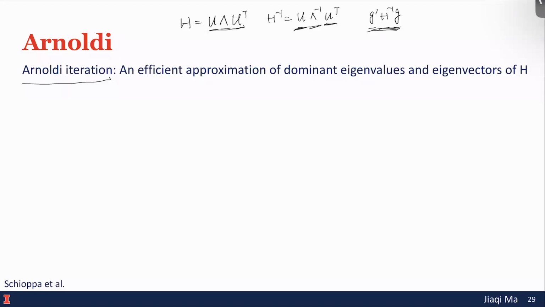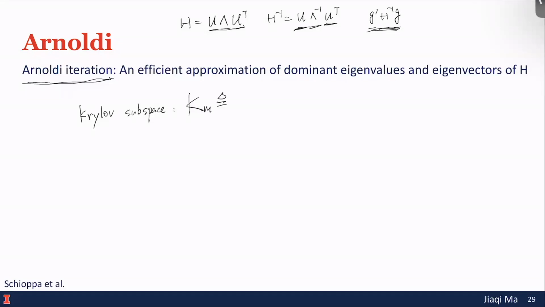To give you a rough idea of what this Arnoldi iteration is doing, it constructs something called a Krylov subspace K_m.